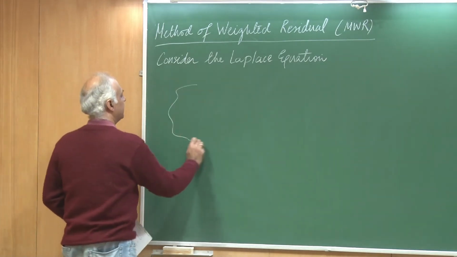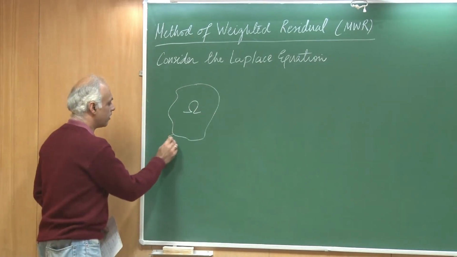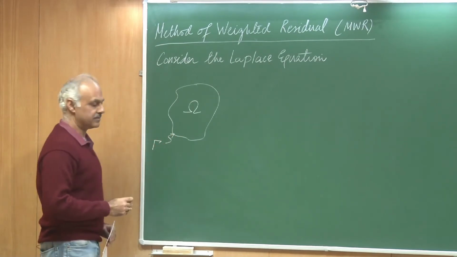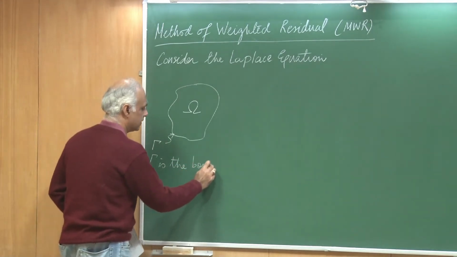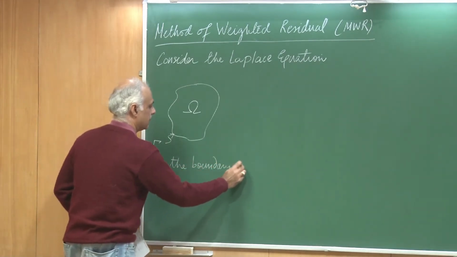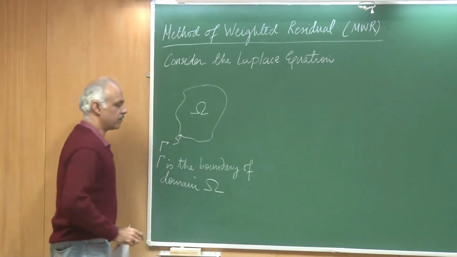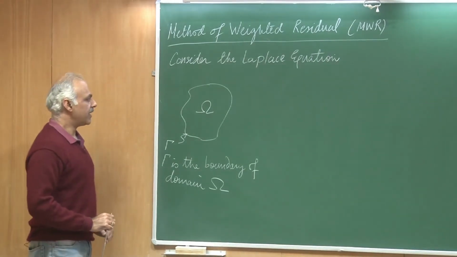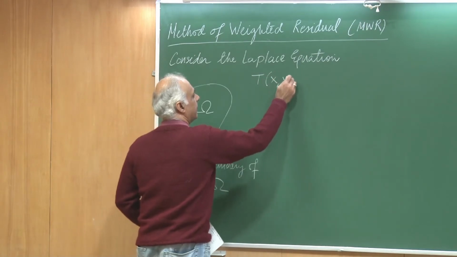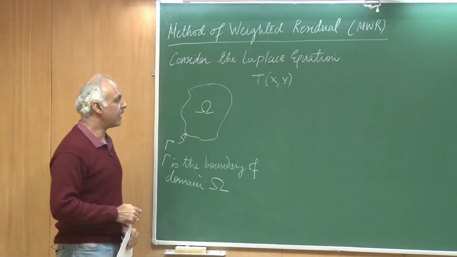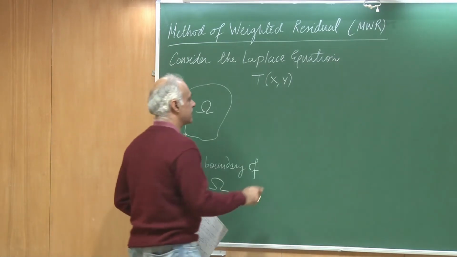Let us say this is the domain omega and the boundary of this is gamma. So gamma is the boundary of domain omega, and we are interested in the field T. T is a function of x and y, a real valued function, and it is supposed to satisfy the following equation.